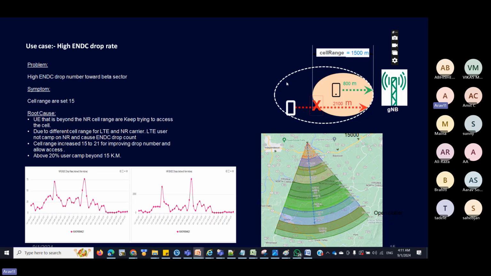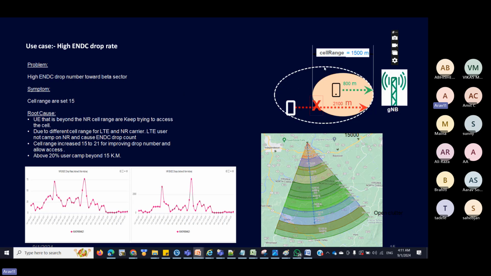Now what happened? Your UE, which is 5G capable, can get the LTE coverage, but as 5G coverage is not there, it will look for the ENDC. And the measurement will report that there is some issue. It is capable of that, but cannot connect. So in that case, there will be an ENDC failure.